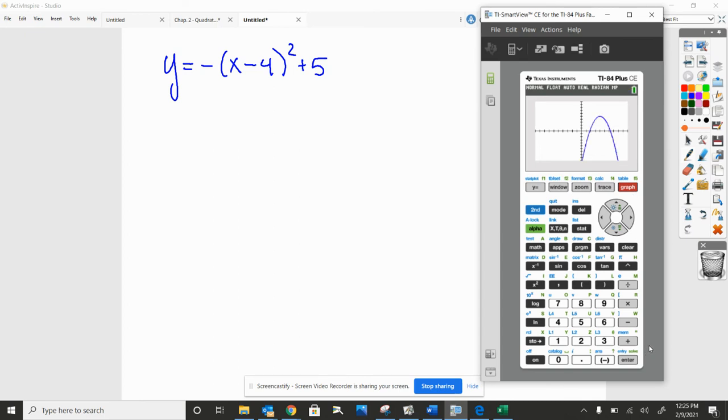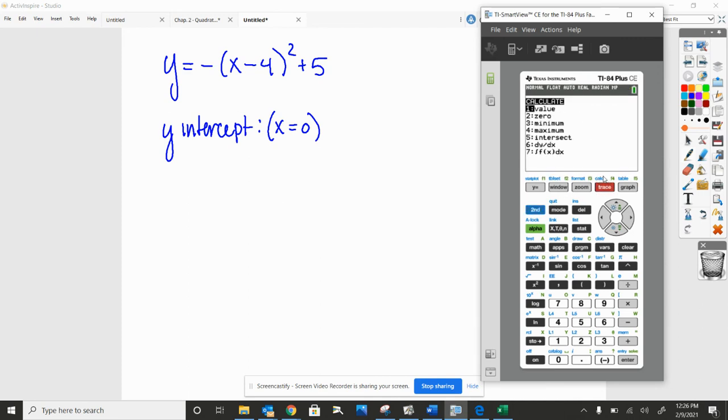There it is. Okay, I see it. So the first thing that I want us to do is I want to find the y-intercept. Now the y-intercept, remember, is when x is 0. To do that, we go to second trace. It's always in this calc menu.